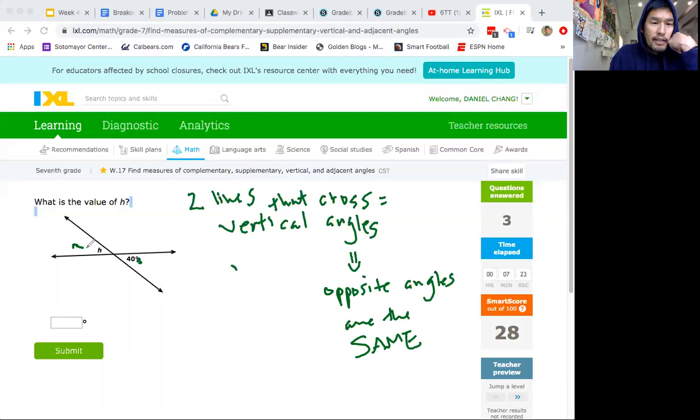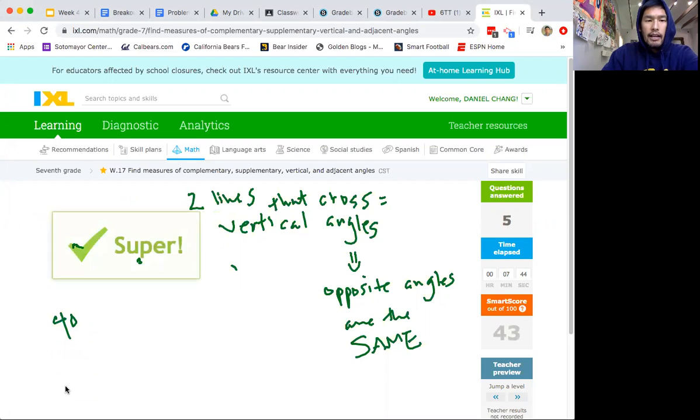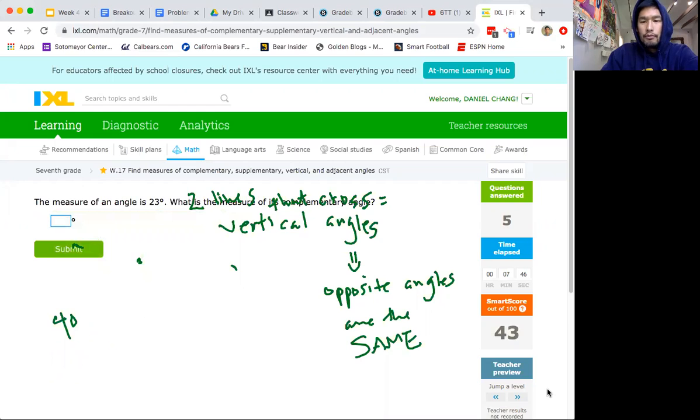So if this is 40, this guy has to be 40. Let's see if I'm right. 40. Submit. Yay. Two vertical angles. C's got to be 70. Yay.